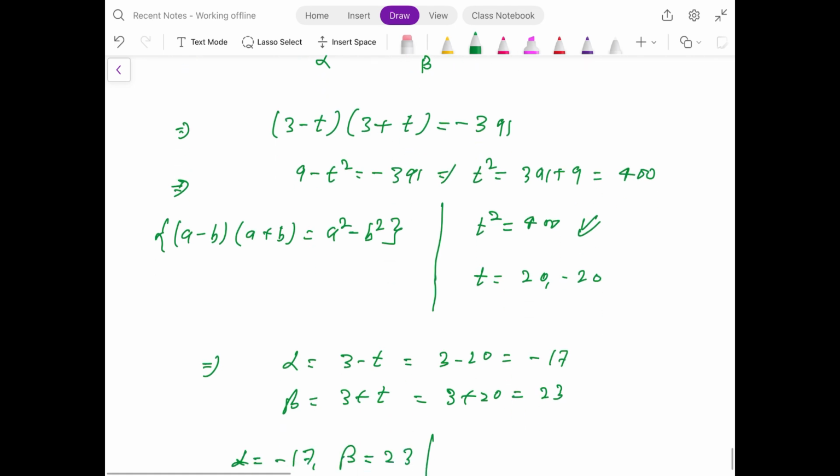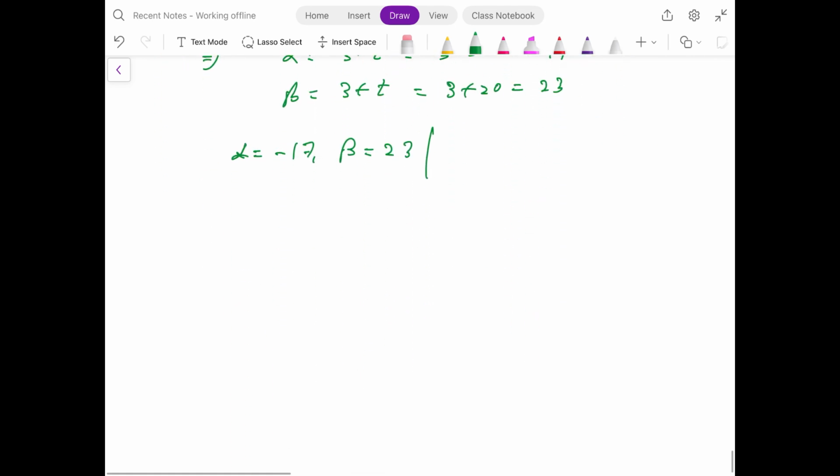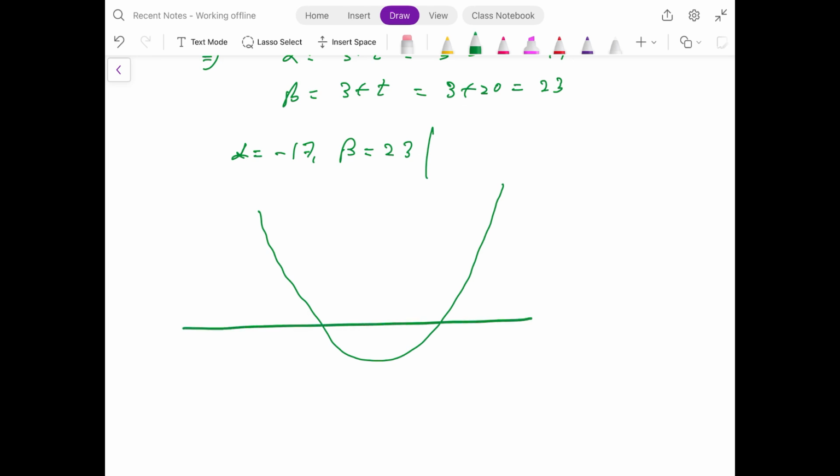roots? To understand the concept, let us consider the graph of the quadratic. That will be a parabola opening upward if we consider the leading coefficient as positive, and this is the x-axis.